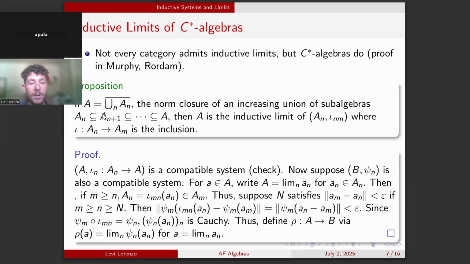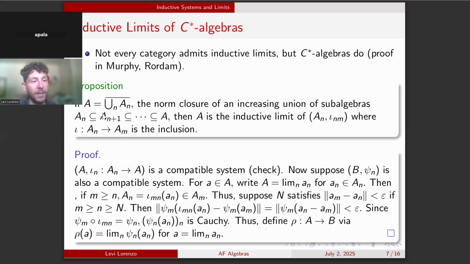Because of this condition, the fact that was mentioned before, that iota is just the inclusion that sends each element to itself farther down the line, and psi is a homomorphism, a linear map, we can pull these things together in the psi. It's also a contraction because it's a star homomorphism.